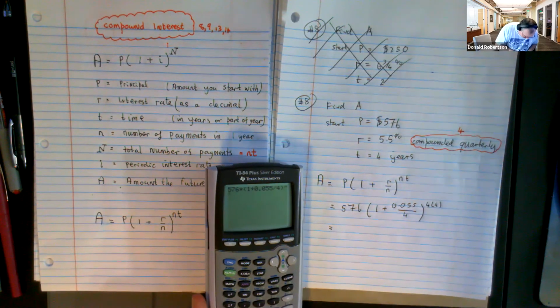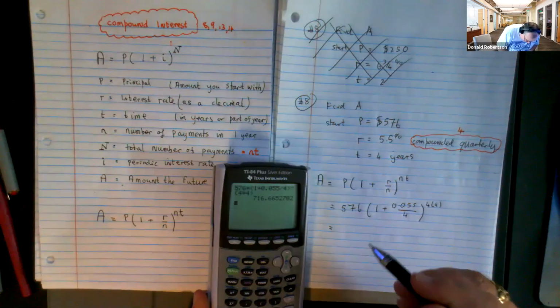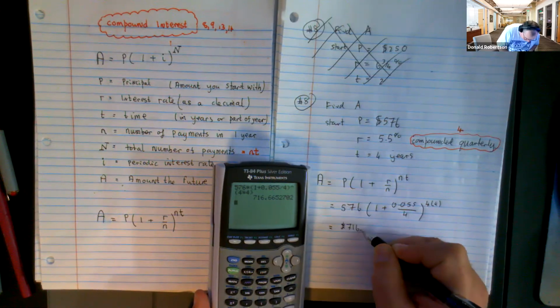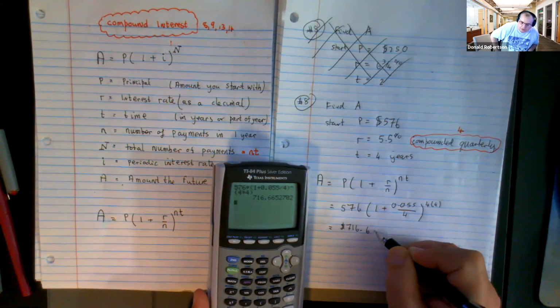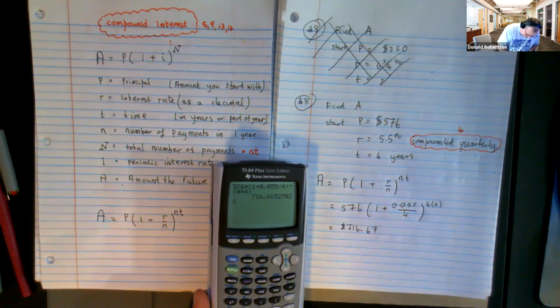Raised to the power. Put a bracket around it and call it 4 times 4. Now put enter in, and the final answer to the nearest cent is $716, and I think it rounds up closer to 67 cents.